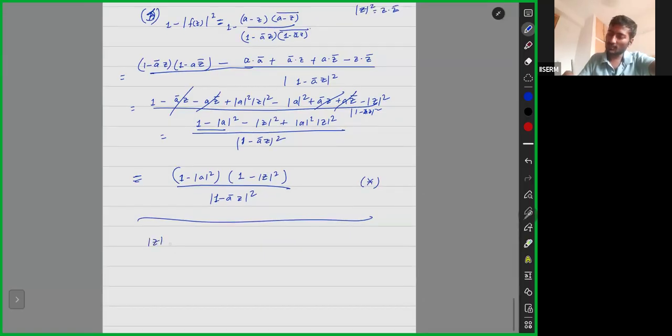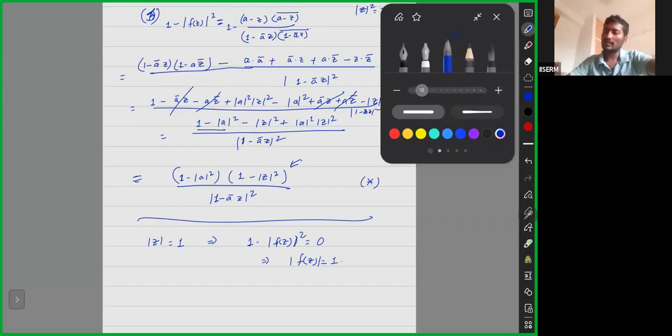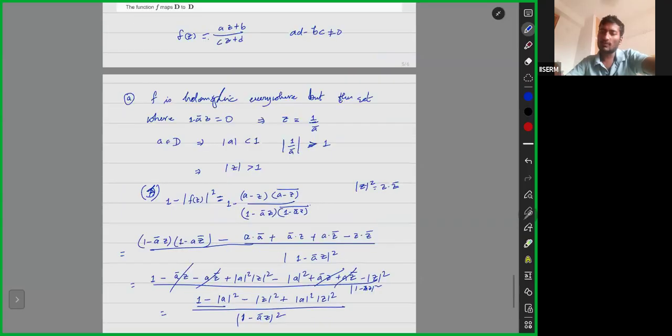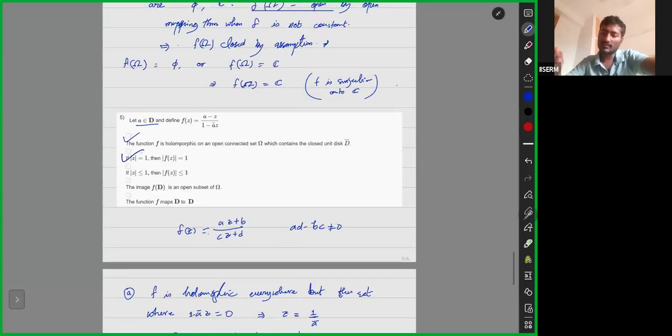Mod Z is equal to 1 implies 1 minus mod Z square is 0. So 1 minus mod f(z) whole square is 0. This implies mod f(z) is equal to 1. So the second option is correct.